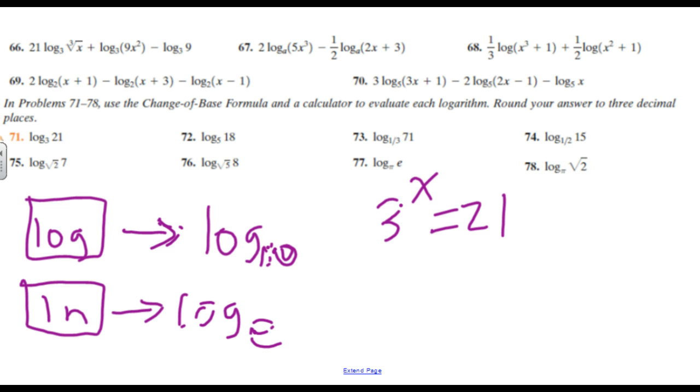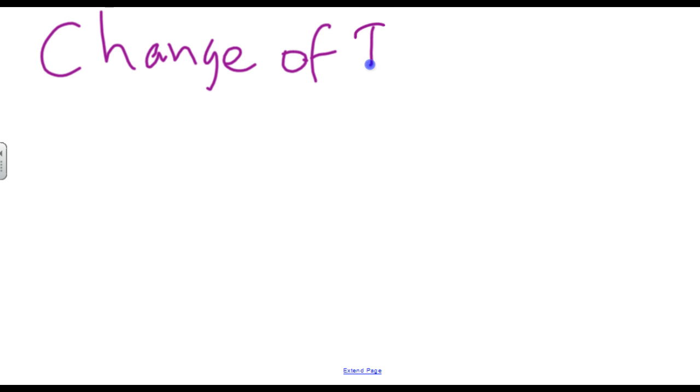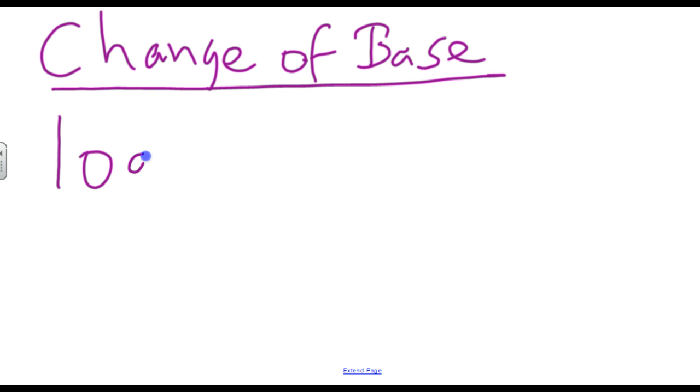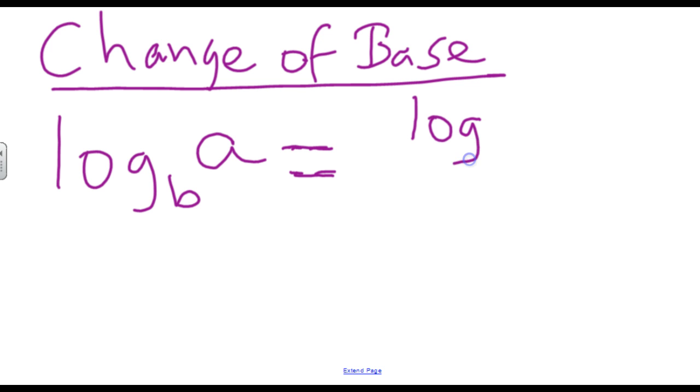So if I want to do this problem on our calculator, then what I have to do is use the change of base formula. The change of base formula says if I have log base b of some argument a, I can change the base that's now b into, say, the common base.